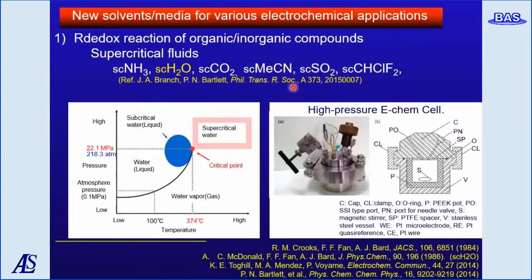For electrochemical measurement in a supercritical fluid, an electrochemical cell which can withstand high pressure and high temperature is required. Here is an example made of a stainless steel vessel.